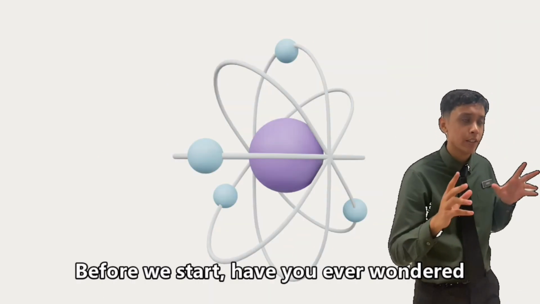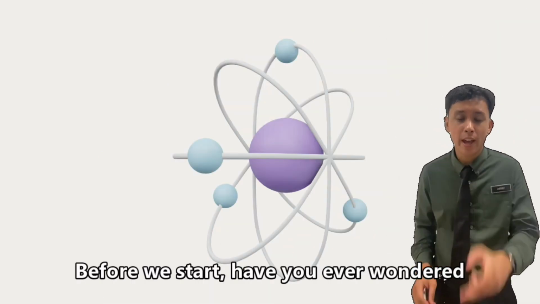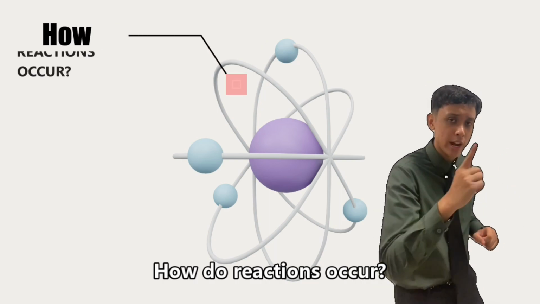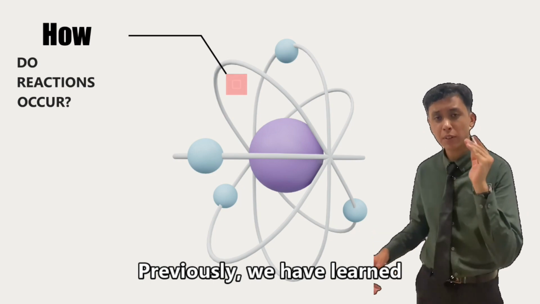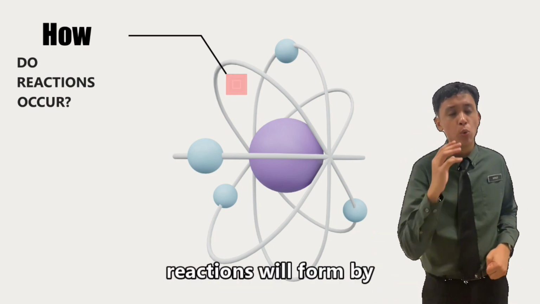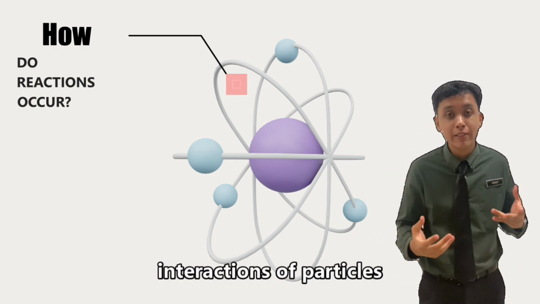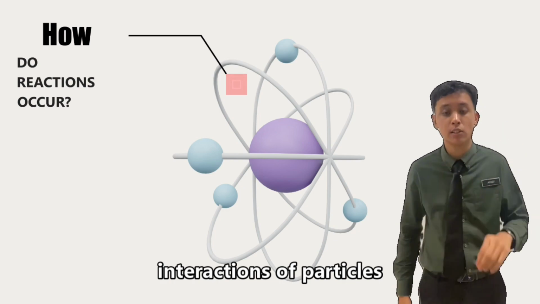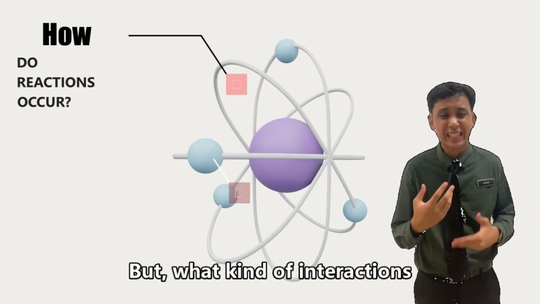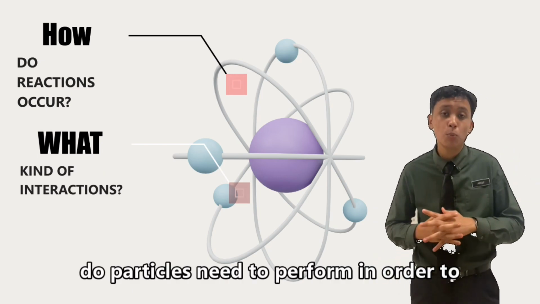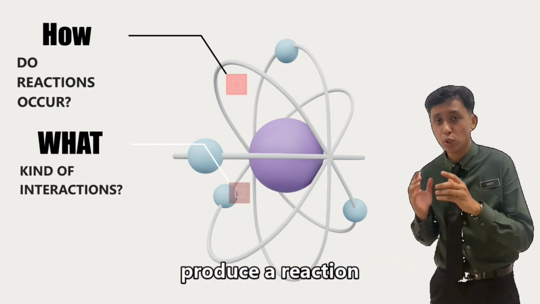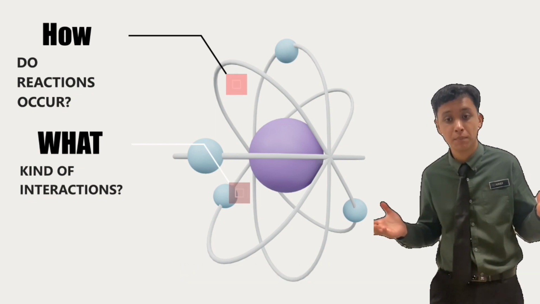Before we start, have you ever wondered how reactions occur? Previously, we have learned that reactions are formed by interactions of particles. But what kind of interactions do particles need to perform in order to produce a reaction?